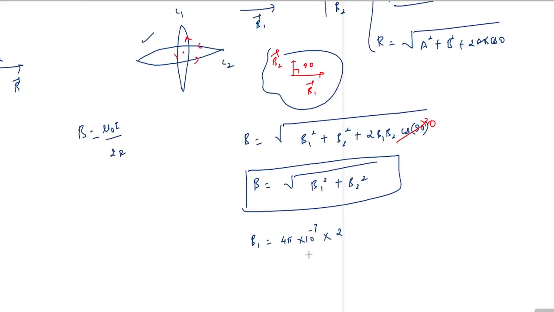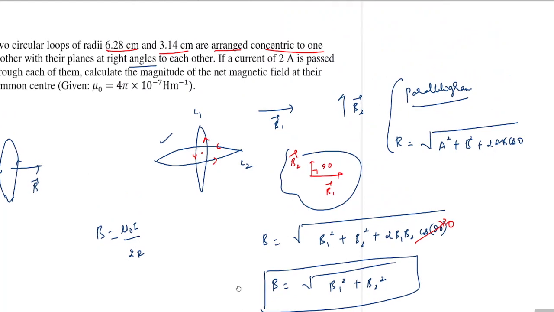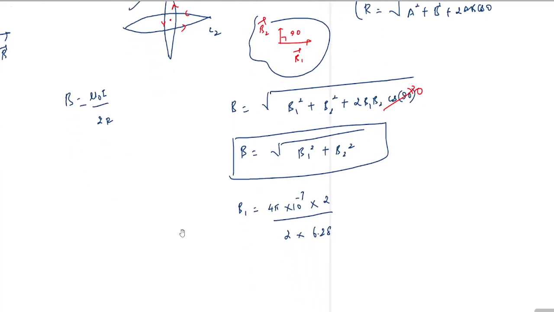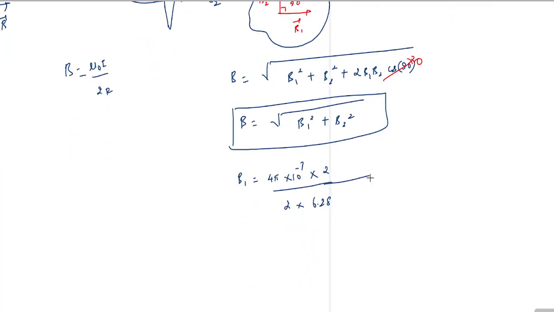So it is 2 by 2 into the radius in the first loop, which is given as 6.28 centimeter. So that will leave 10 to the minus 2 here.